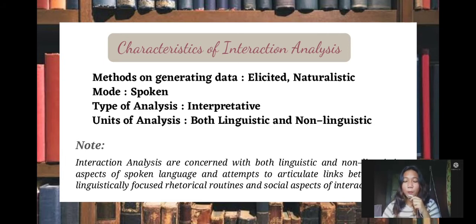Elicited means to evoke or draw out a response or answer from someone in reaction to one's own action or question. So, ito yung gusto nating makuha dito. Since the interaction analysis is observing on how a person responds to another. For example is the student-teacher interaction within the classroom.